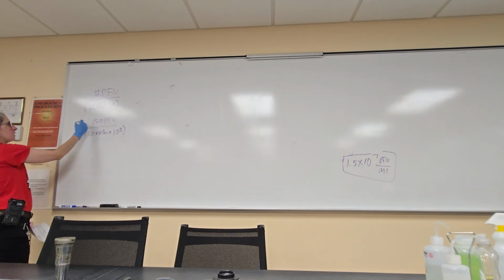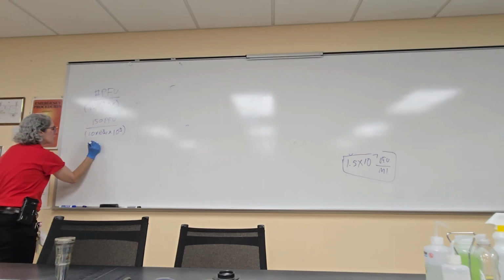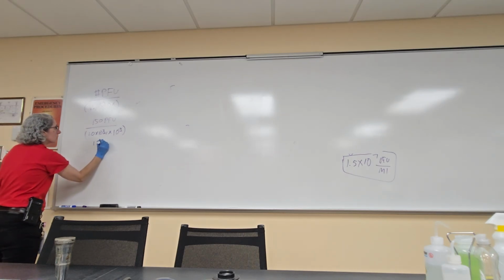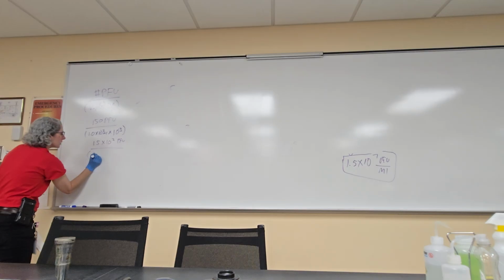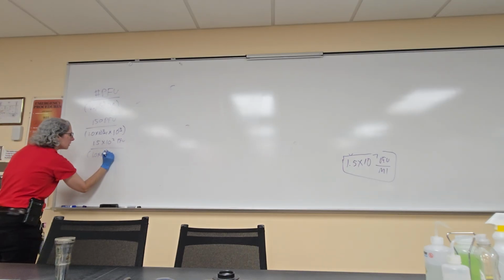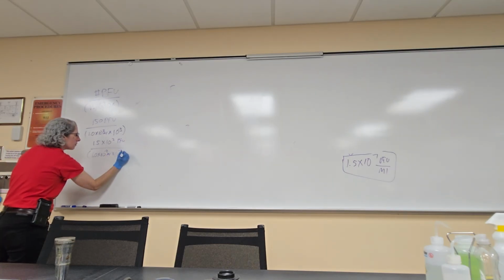Once again, we can turn this into scientific notation. 1.5 times 10 to the 2 PFU over 1.0 times 10 to the minus 2 mil times the dilution factor of minus 3.